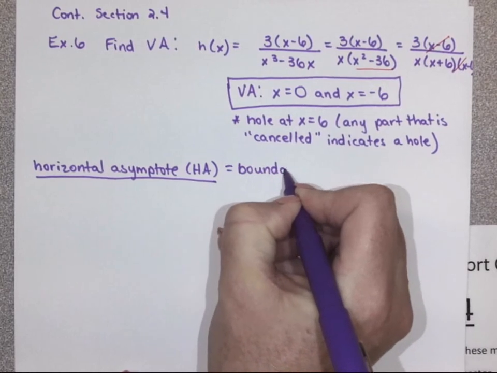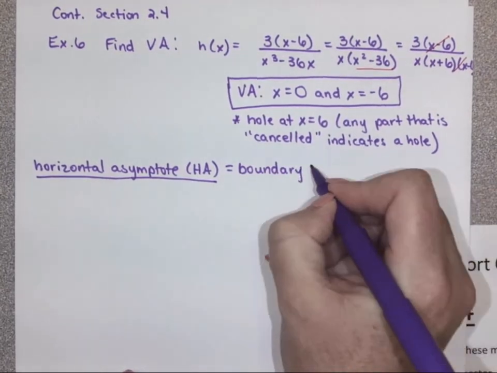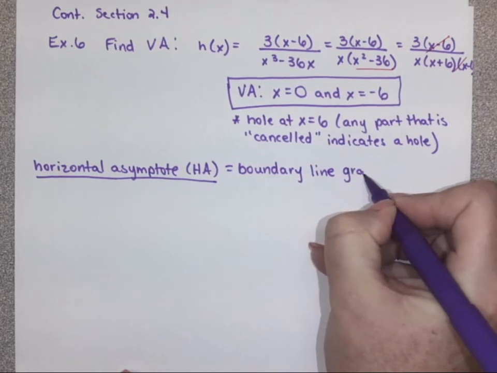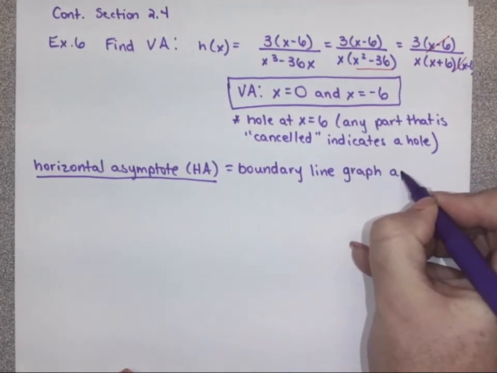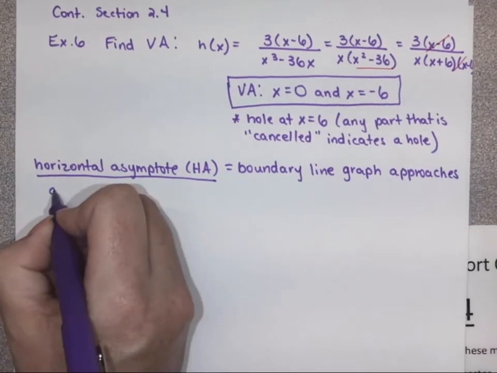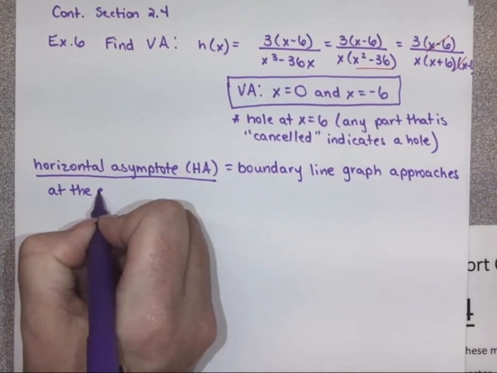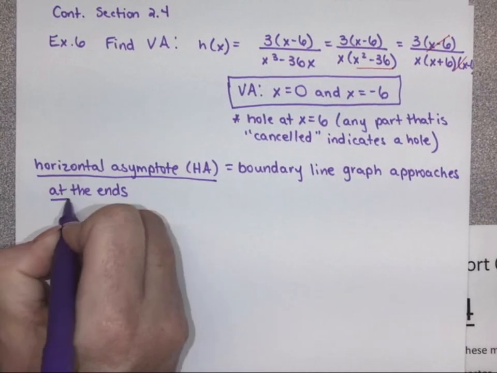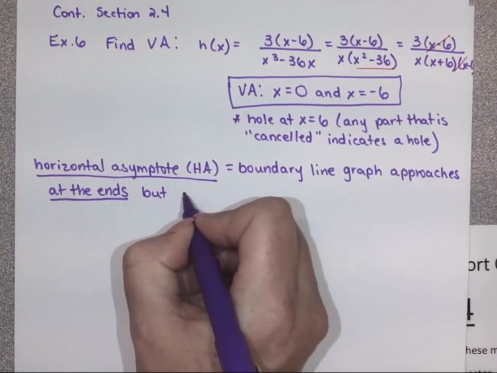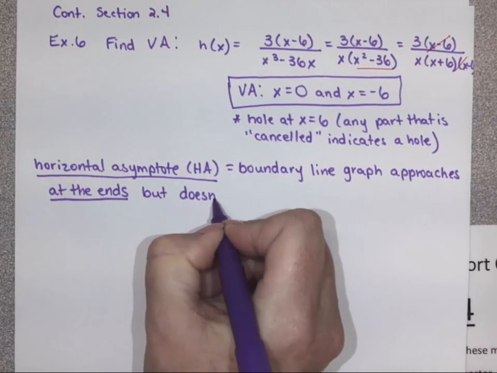They are not as concrete as vertical asymptotes, and let's talk about what I mean by that. It's a boundary line that the graph approaches, but the disclaimer here is it's only at the ends. We'll do some examples, and I'll show you what I mean by that. But it doesn't touch or cross.